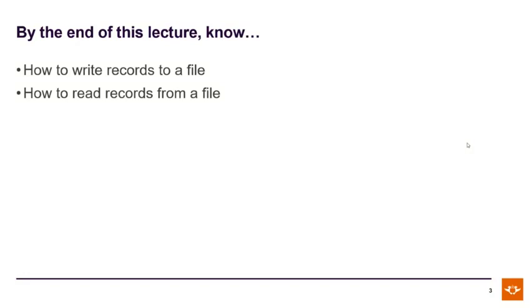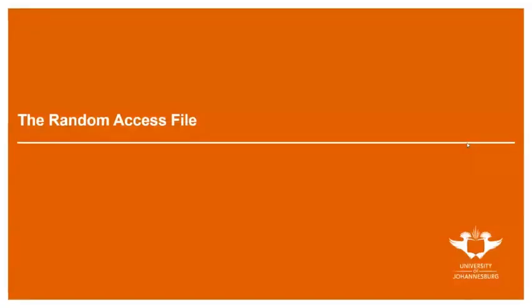So when you look at random files, you'll generally get this notion of a key being used. I'm saying a key because it's a phrase you'll be using in your second year, but basically it's a piece of information you are going to use to identify or locate the information.